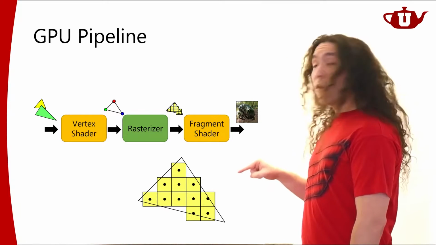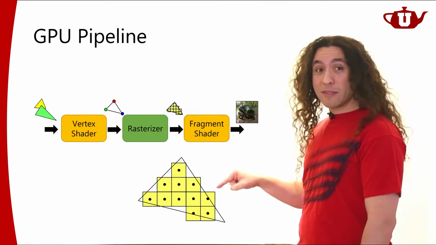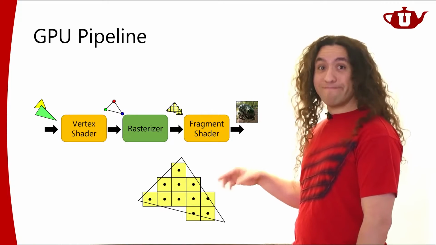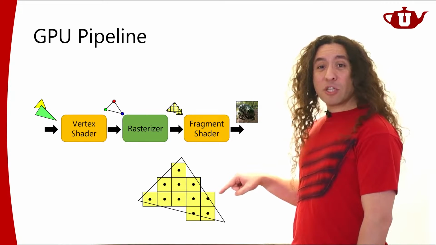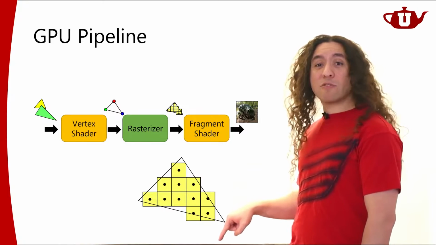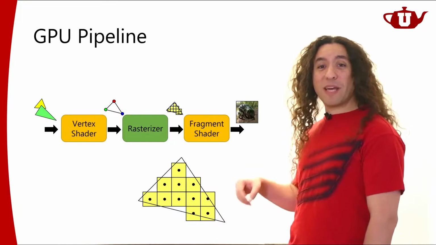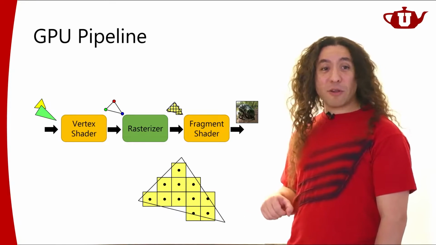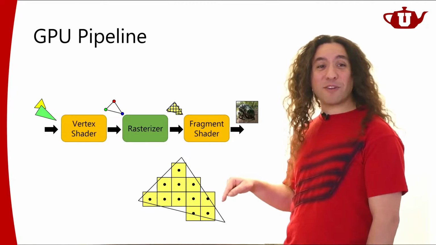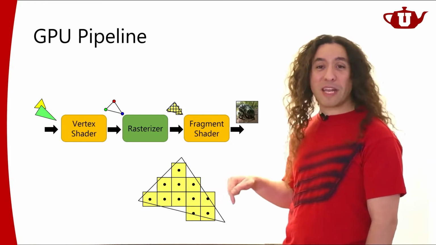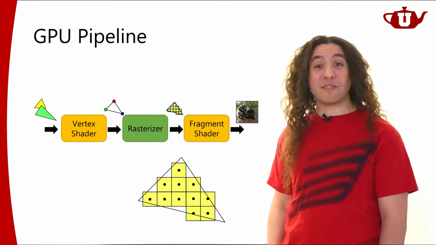GPUs will not only generate these fragments that will actually show up in the final rendered image, it will also generate some fragments that will be outside of this triangle, so that it can compute the interpolated values outside of the triangle, possibly, so that it can compute these screen space derivatives.